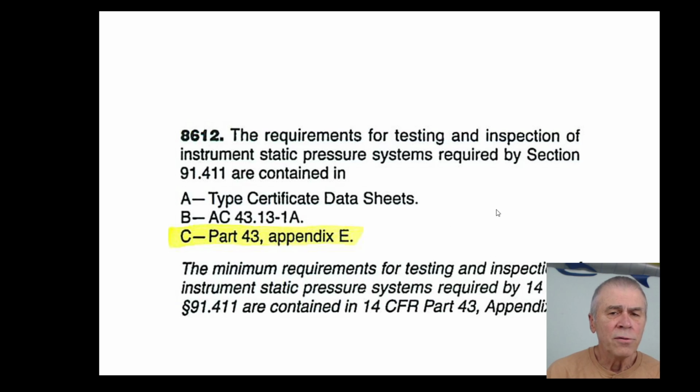I know it switches from a requirement under Part 91, and it's referring to an appendix under Part 43. So just recognize some disorganization of the CFRs, or the FARs, I should say.